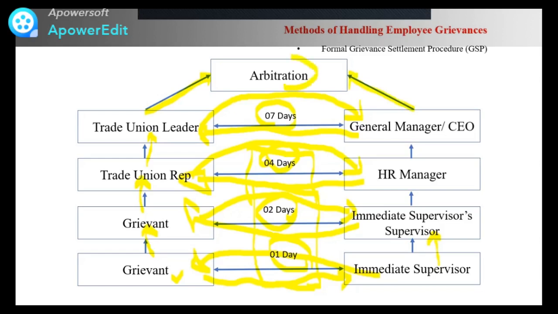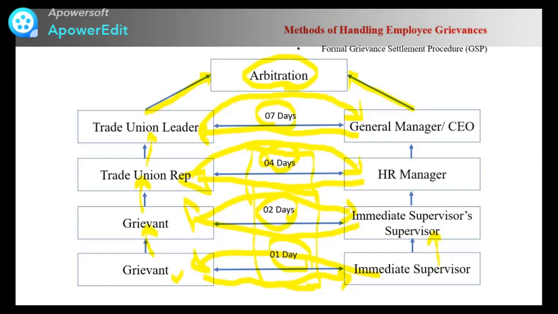This is the third party involvement to solve the employee grievances. This is the proper grievance settlement procedure. Through this procedure, we can solve employee grievances without any disagreement, conflict, or unpleasant situations.